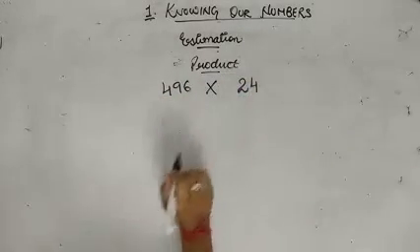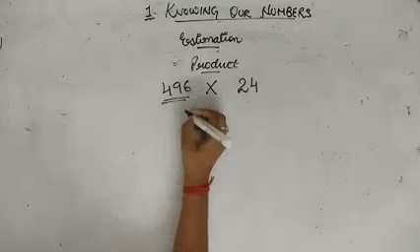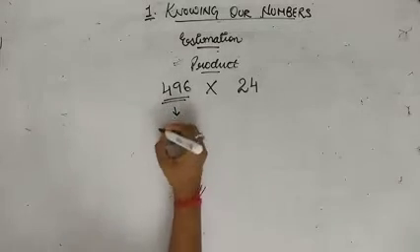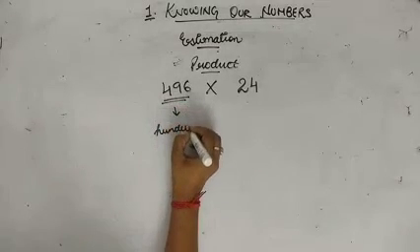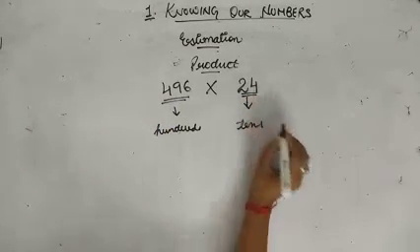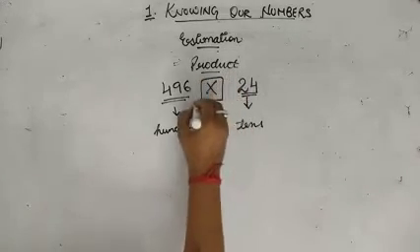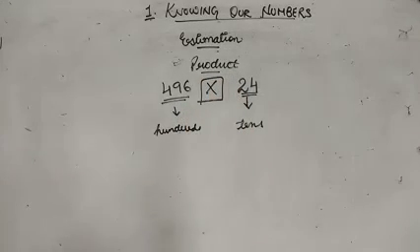In case of product, you can round off the values to different places also. Like 496 can be rounded off to hundreds, and 24 can be rounded off to tens. So these can be different in case of product, but in case of sum and difference, these will be same.